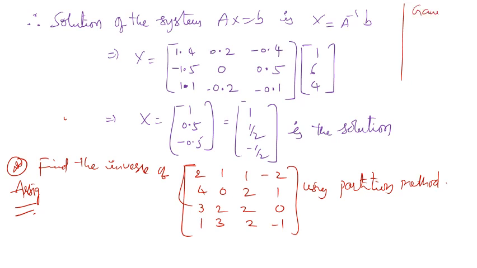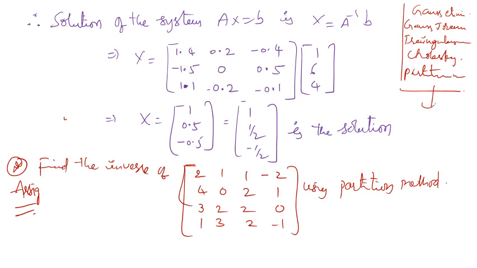One is Gauss elimination, next one Gauss Jordan method, next one triangularization method, LU decomposition. Next one is Cholesky method. After Cholesky, this partition method. These are the methods.